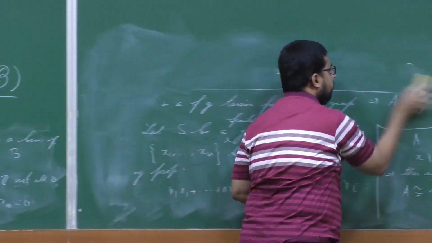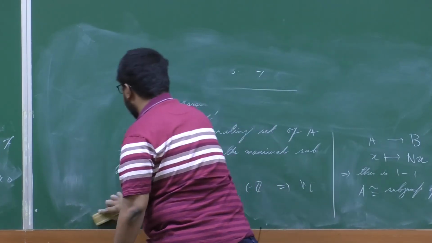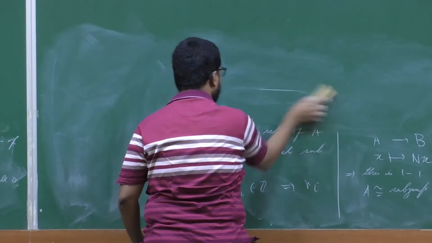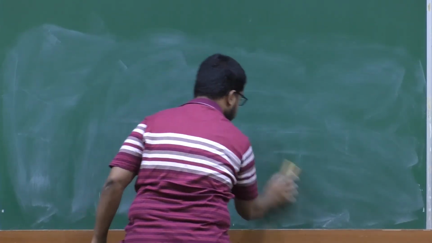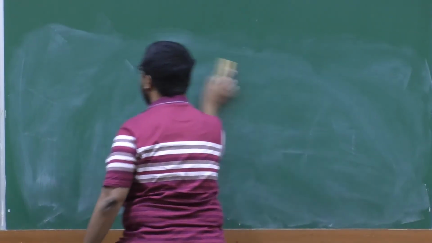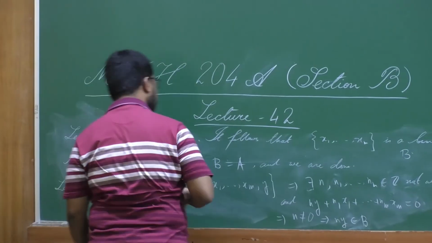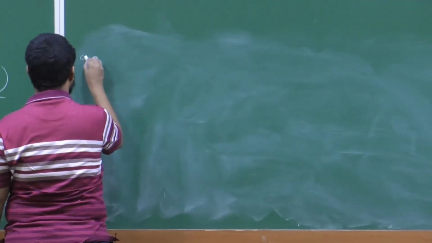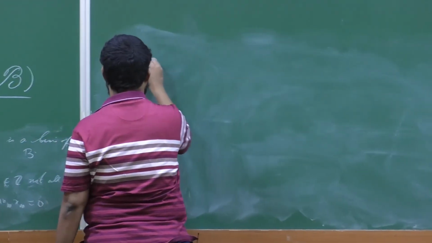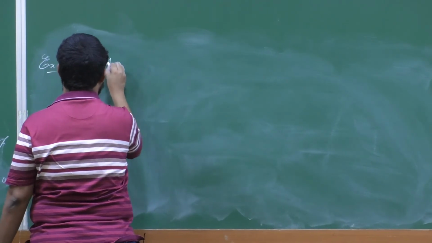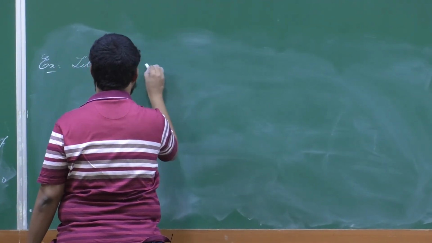There is another form of the structure theorem which is called the invariant factor form. I will simply put it as an exercise. Let A be a finitely generated abelian group.